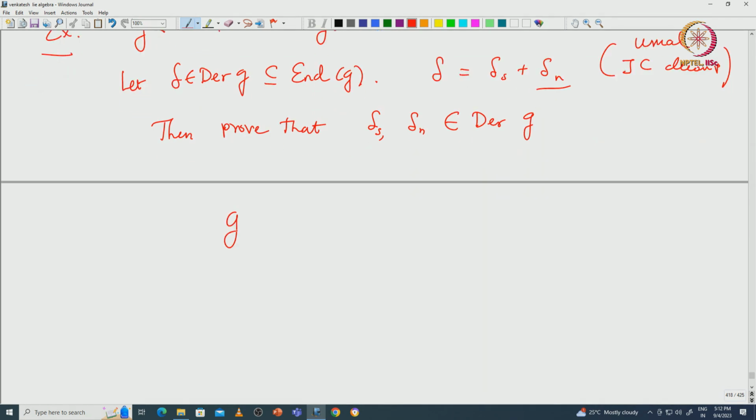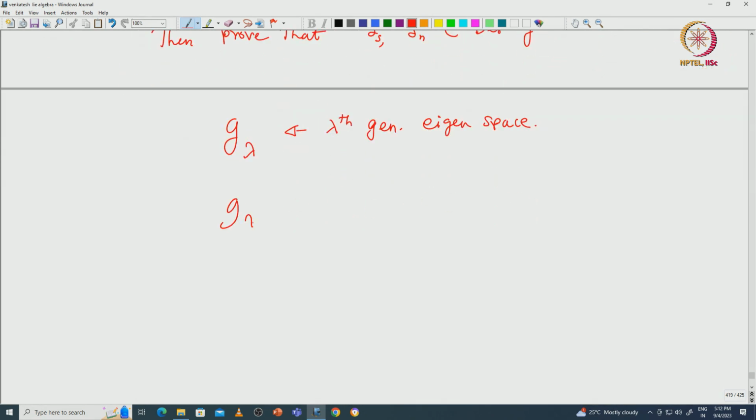Let us say g_lambda is the lambda-th generalized eigenspace with respect to delta.